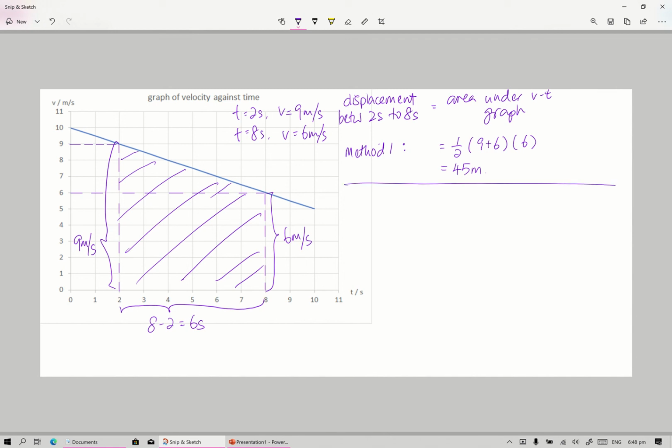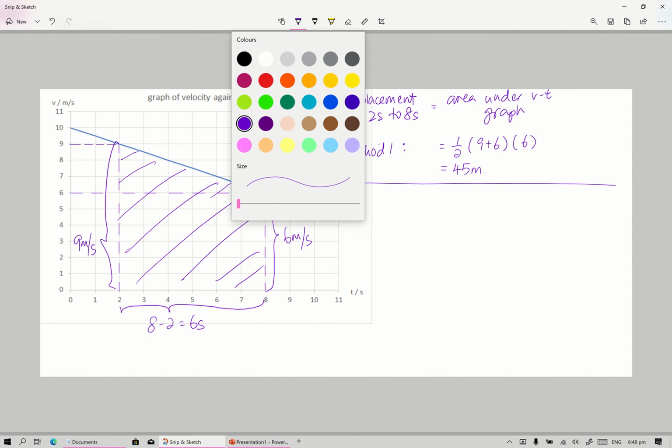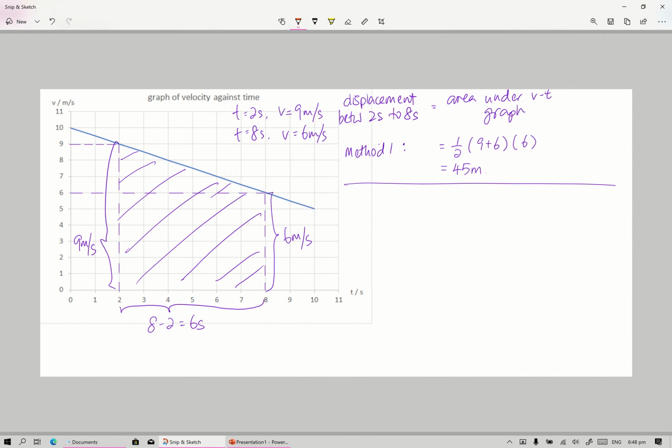Again, the very basic is the area under velocity-time graph. When we're so focused on calculating the area, we realize that there's more than one method to do this, more than one approach, because after all, we are interested in area.